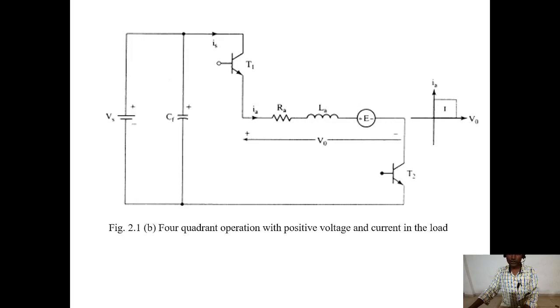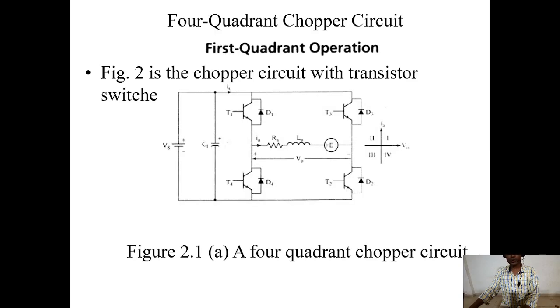In this first quadrant chopper circuit, the aim is to get a positive voltage and current in the load. To get this positive voltage and current, we have to switch on either the T1 or T2 model, or otherwise we can operate both T1 and T2 simultaneously. This is for positive voltage and positive current.